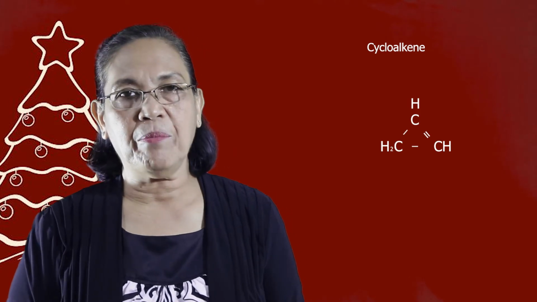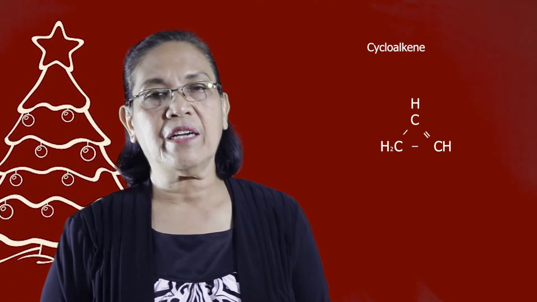Now, there are also cyclic alkenes, or cycloalkenes. I said a while ago that at least 3 carbon atoms can already exhibit a cyclic structure. For the cycloalkene, you have the first carbon, you have the double bond joining to the second carbon.